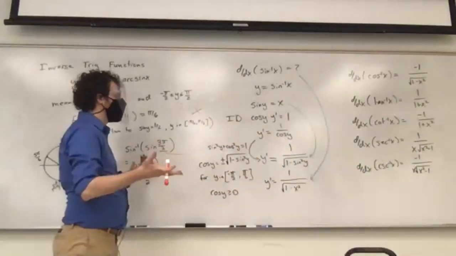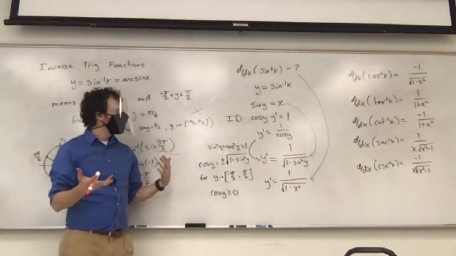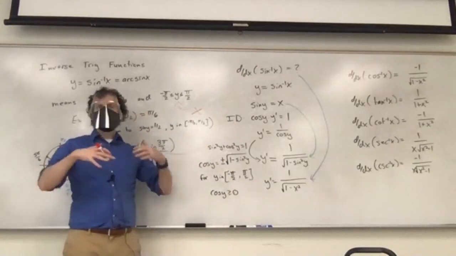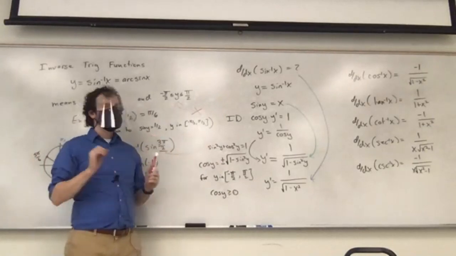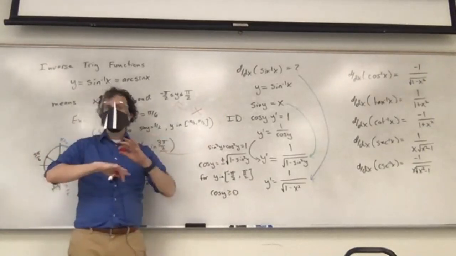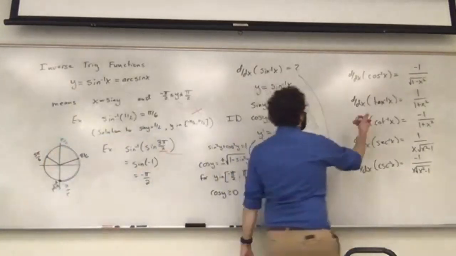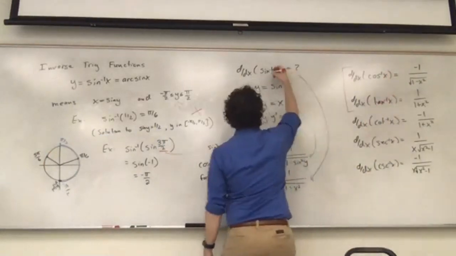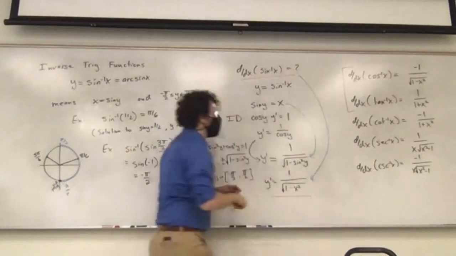So we have all these derivatives. We can find them in a similar way, but to put you at ease a little bit, to be totally honest, the only 3 of these that I will ever use in any problem, quiz, homework, exam are the basic ones: cosine, tangent, and sine.